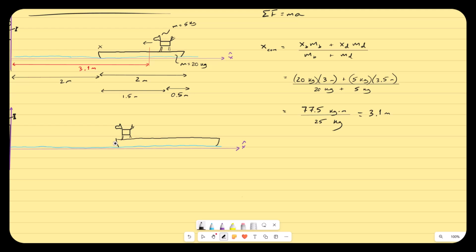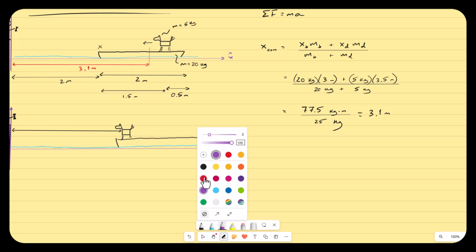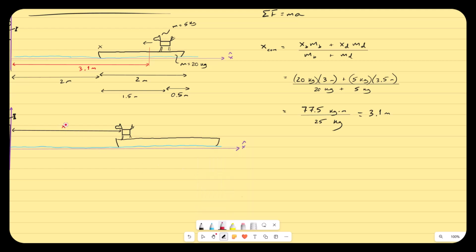So we are looking for where the boat ended up. We're going to call that X. And then we have the center of the boat right here, which is going to be, well, we know from the end of the boat to here is 1 meter.